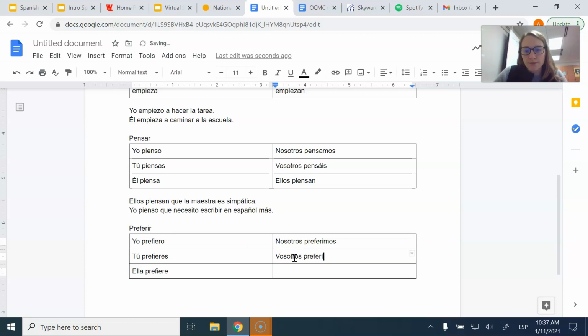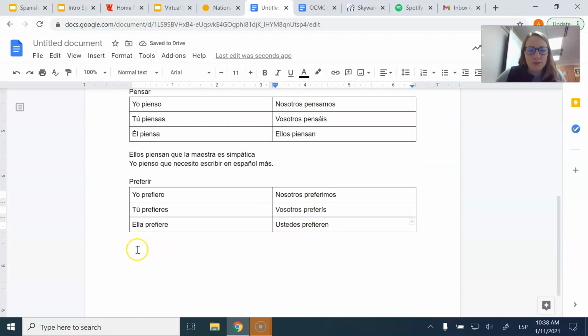Vosotros preferís. And again, here, since it's out of the boot, we're not changing the E to an IE. We're just keeping it as an E, keeping the stem the same. And finally, ellos, ellas, and ustedes, we'll use ustedes this time, prefieren. Back into the boot, so we are going to change the E to an IE.